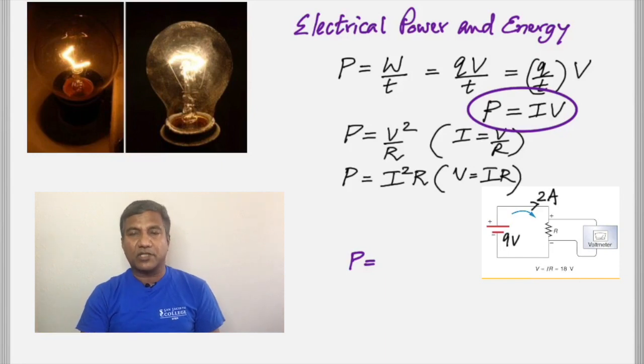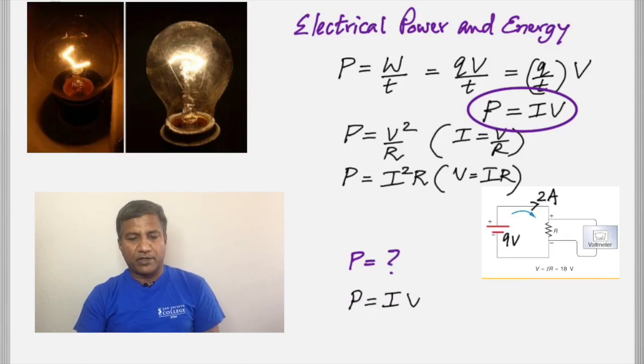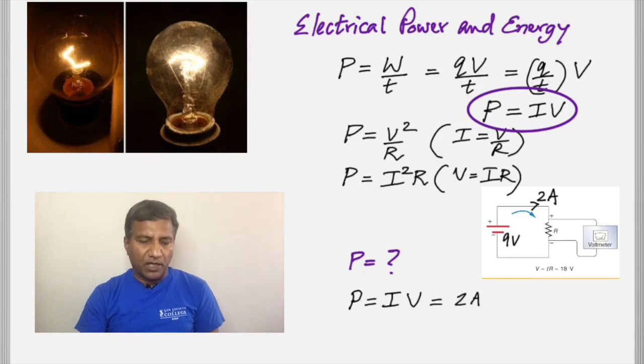So here is that circuit that we had used before, exactly the same circuit where you have a 9-volt battery supplying a current of 2 ampere through a resistance. Let's calculate the power consumed by the resistance. In this case, we have the current and we have the voltage.